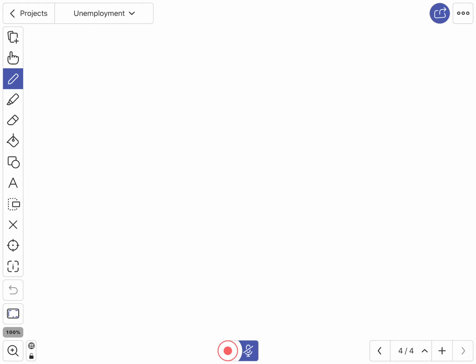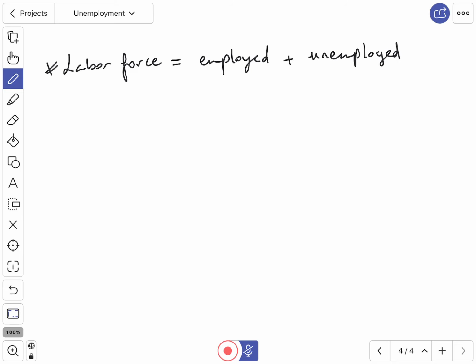If I have a question about the number of people in the labor force, you just take the number employed plus the number unemployed. Suppose this is in millions. So the number of people in the labor force is equal to the employed plus the unemployed.